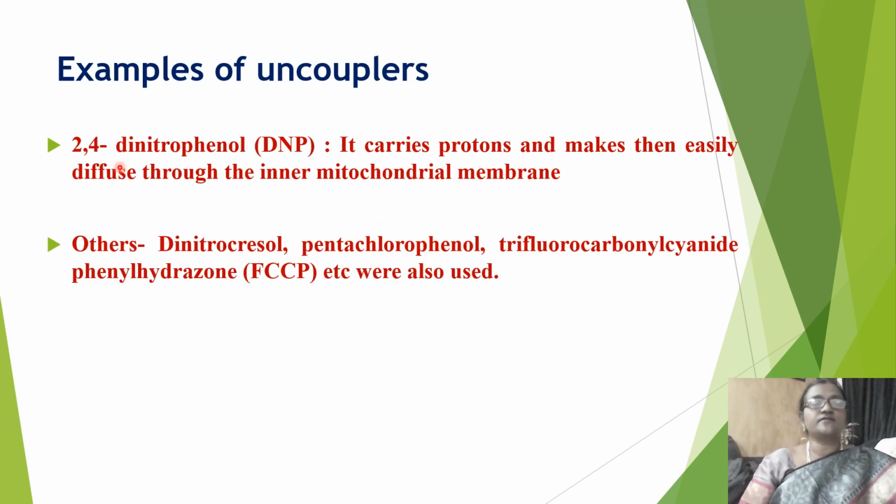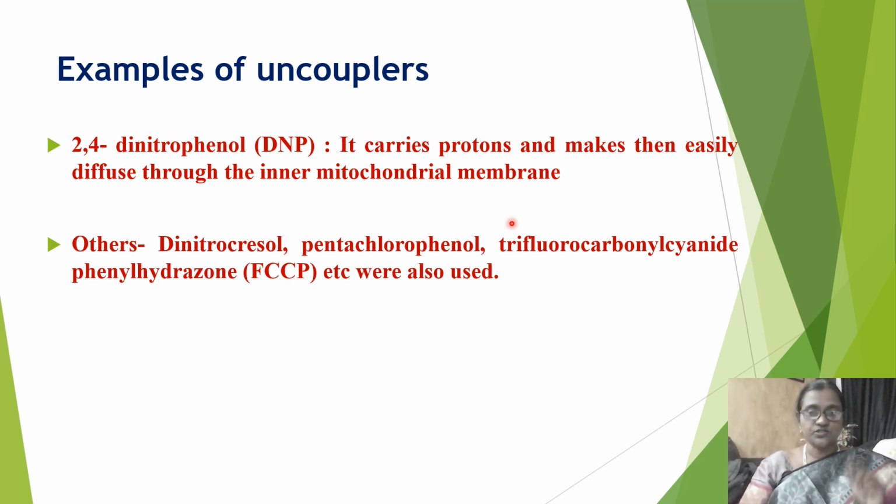Examples include, the first one is very much known to us, 2,4-dinitrophenol, which we abbreviate as DNP. DNP is a very small lipophilic molecule and it acts as an uncoupler as it carries protons and makes them easy to diffuse through the inner mitochondrial membrane.